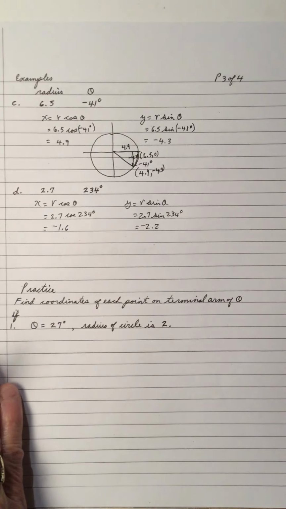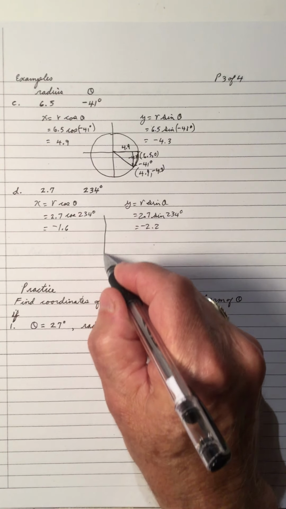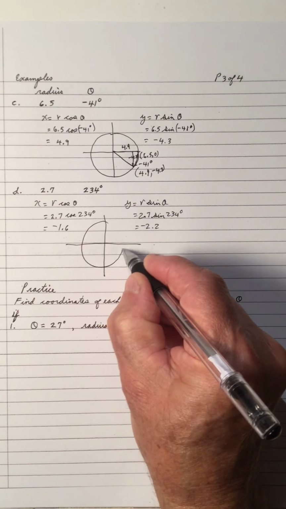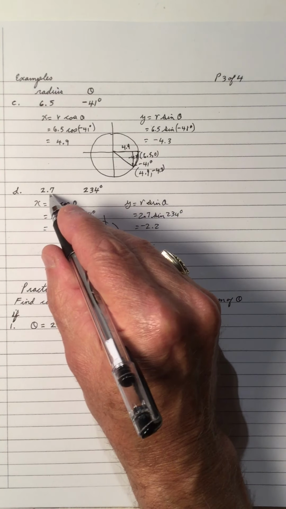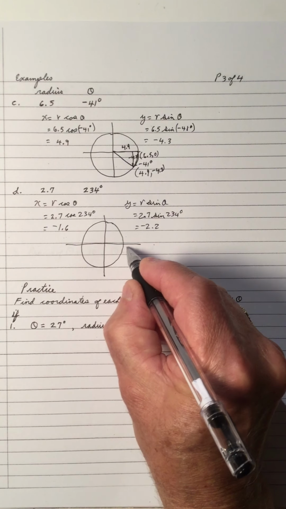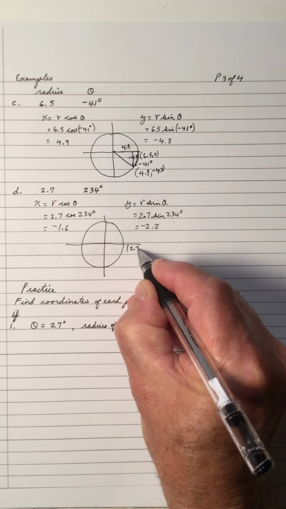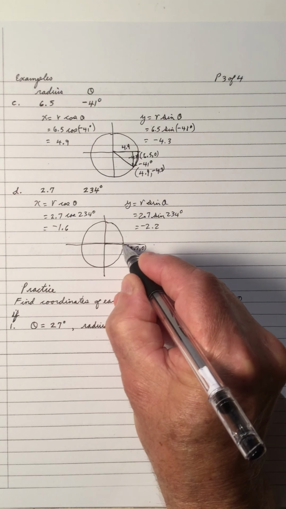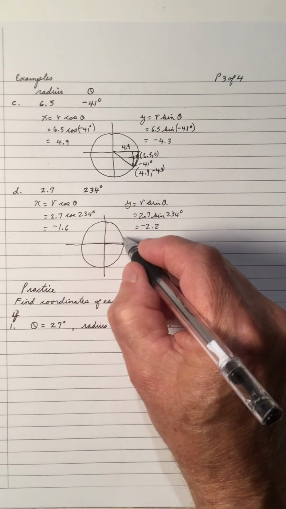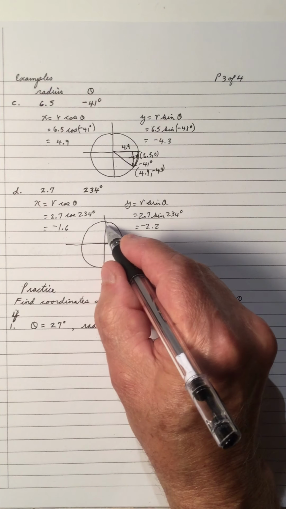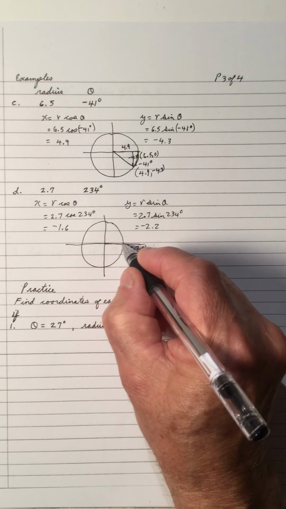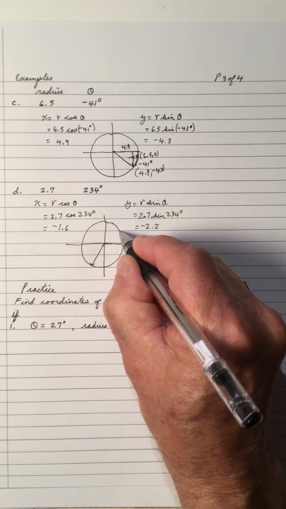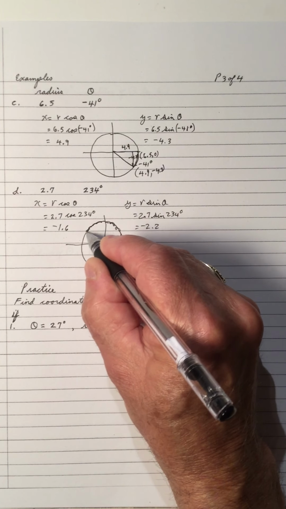And just to show you again, we draw a circle, and the radius of the circle is 2.7. So this point here is 2.7 comma 0. So this is the point. This is the rotation of 234 degrees. So that's 180. That's 270. So let's rotate probably over to here so far. So rotate right around like this.